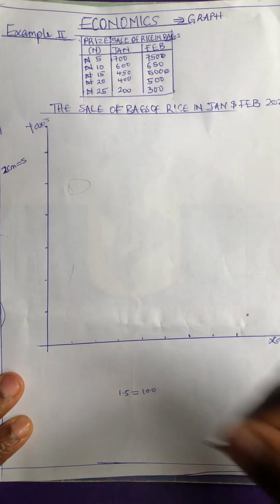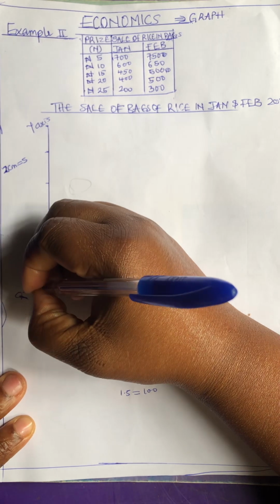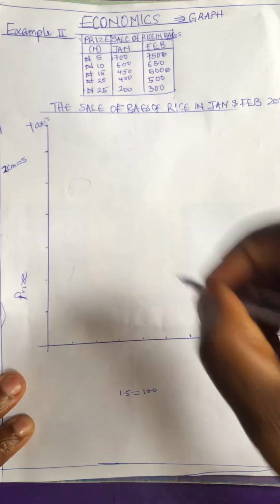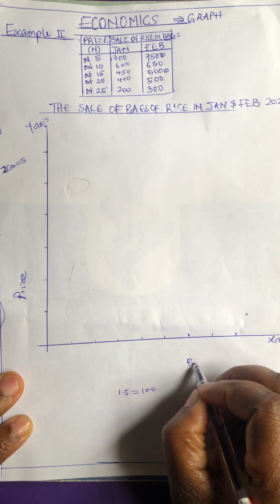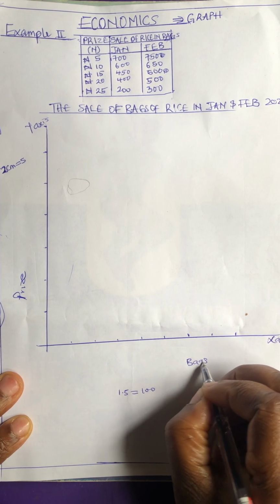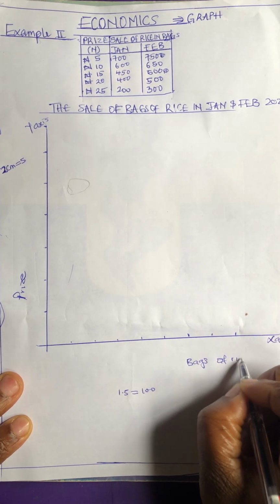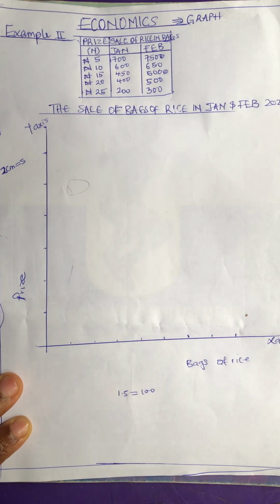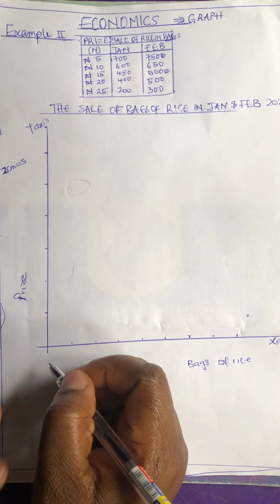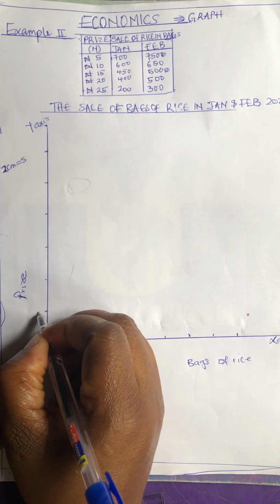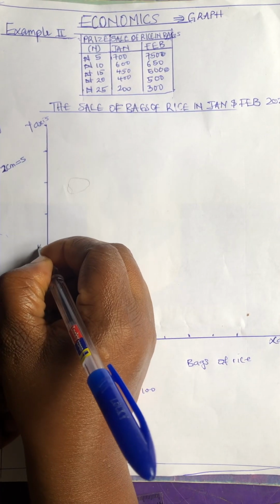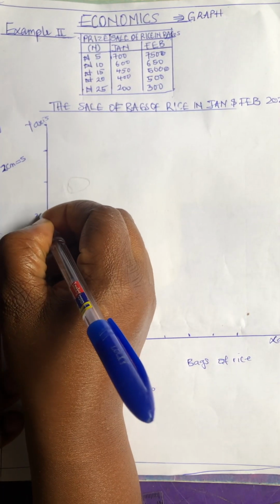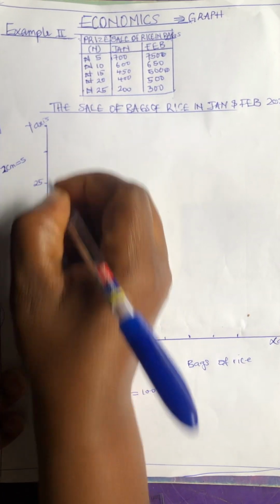So when that is set, let's put in our price. Remember, this place is labeled price. Why this place is labeled bags of rice? For price, we have 5, 10, 15, 20, and 25.